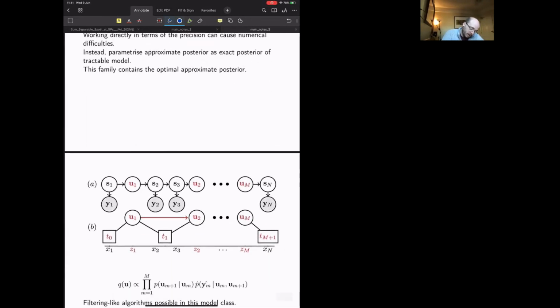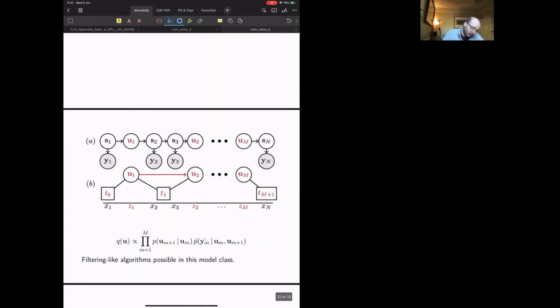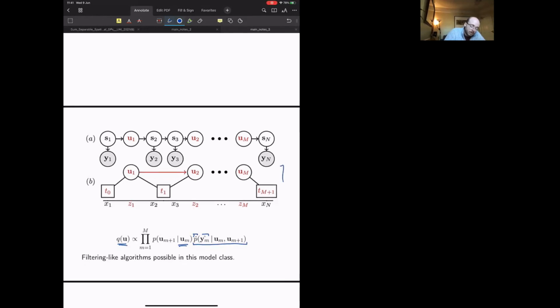They parameterize the approximate posterior as just the prior times some terms where you've got this pseudo data stuff and a modified Gaussian likelihood, which depends on two neighbors. So you've got this structure here. You've got the pseudo points in the background, and they refer to them as sites. There's this idea of a site-based approximation.